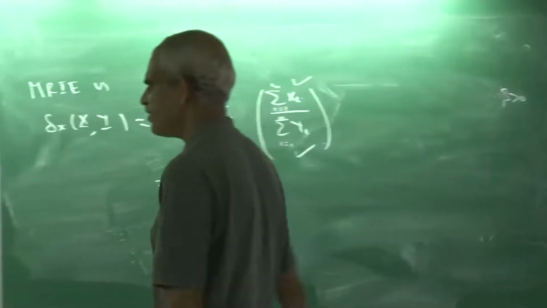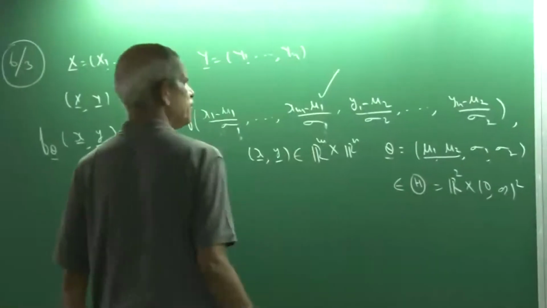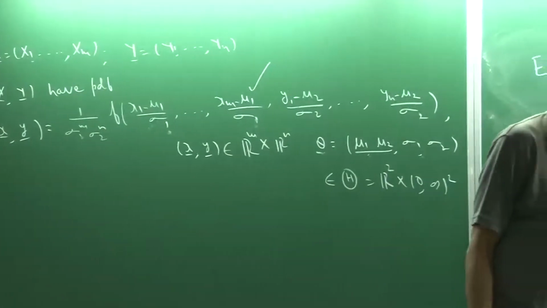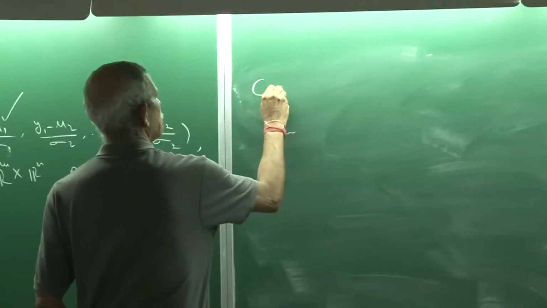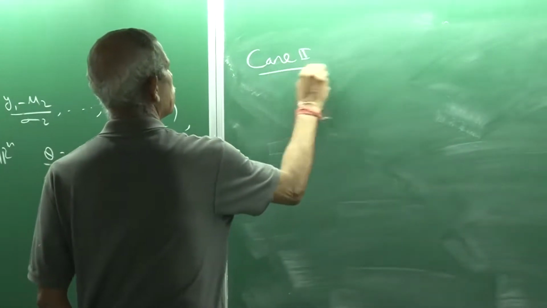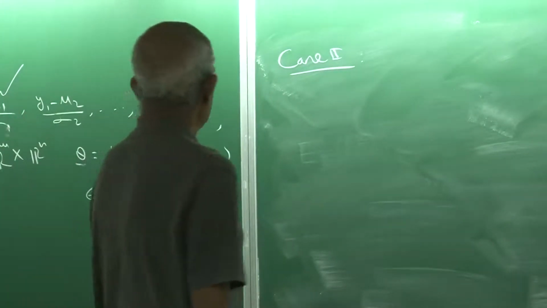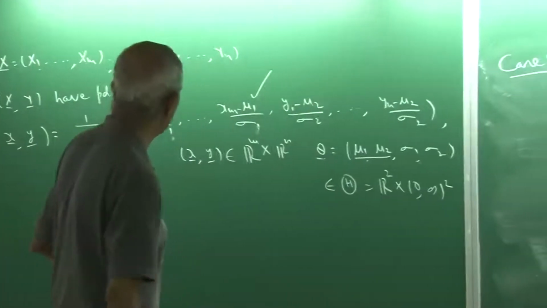One can have a variation of this problem where now my sigma 1 and sigma 2 are the same, and I can take them to be 1, and they are known. So case 2. One way is, let us take first to be unequal.